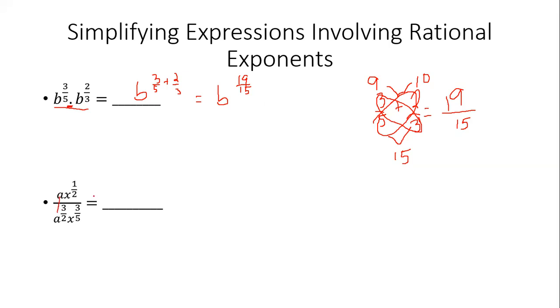So yung a at saka a raised to, dahil po division yan, magsosubtract po tayo 1 minus 3 over 2 times x, and common base raised to 1/2 minus 3/5.